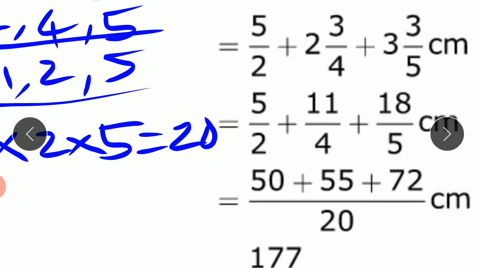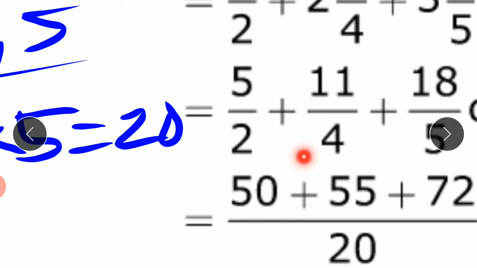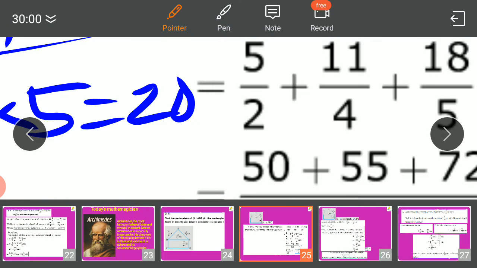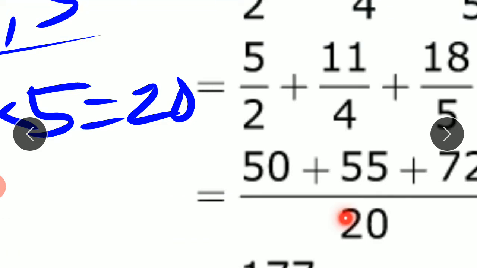Then draw a long division bar. Now take the first fraction, 5 by 2. The denominator is 20 only, because after finding the LCM, that LCM becomes the common denominator.